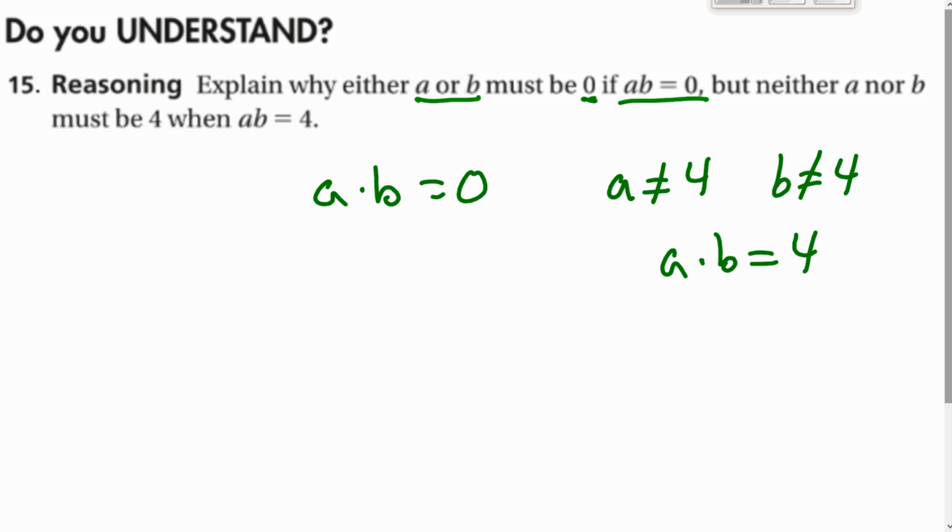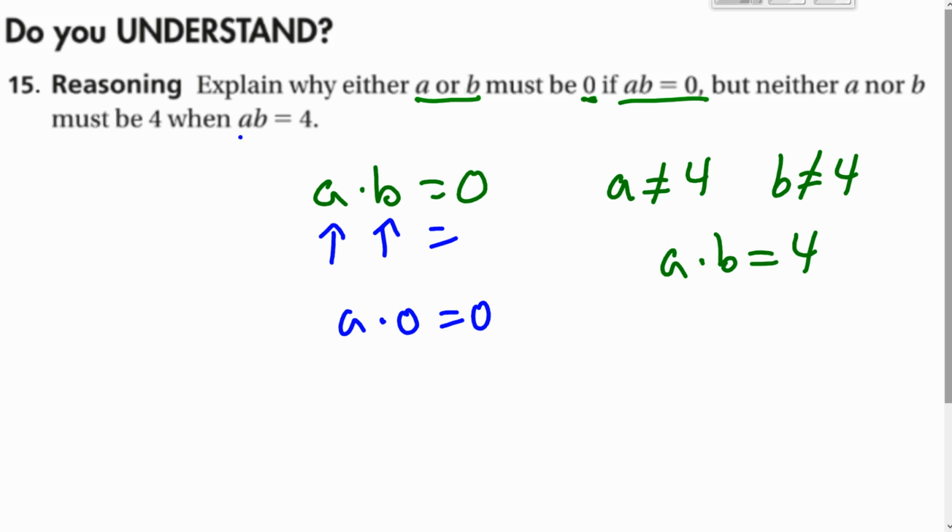This is pretty easy. It's basically the multiply by 0 rule, right? When you multiply by 0, one of them has to be 0. So when I take one of these, A or B, and I multiply, I can pick anything for one of them, but the other has to be 0, because when I multiply by 0, my answer is always 0.